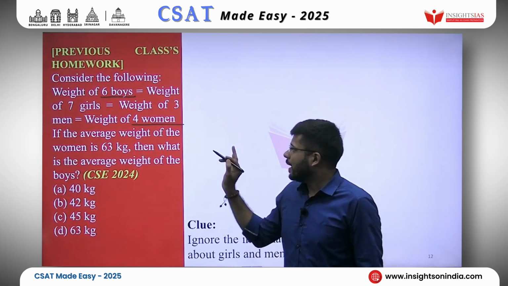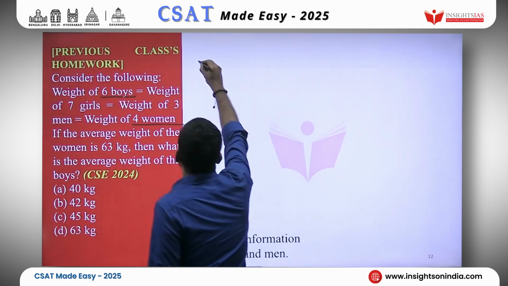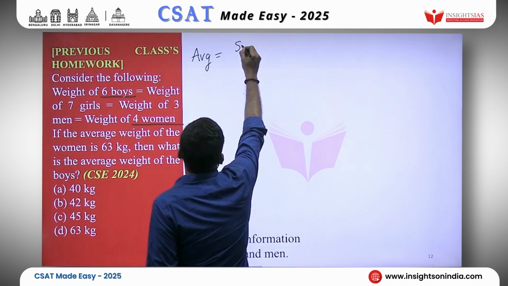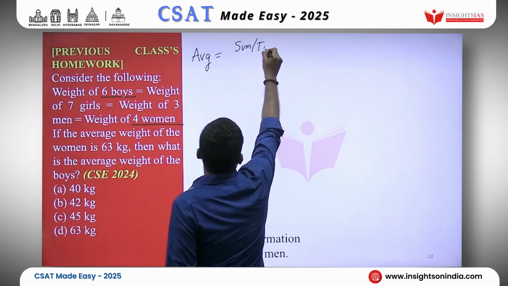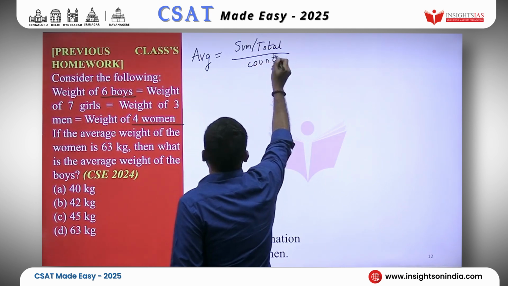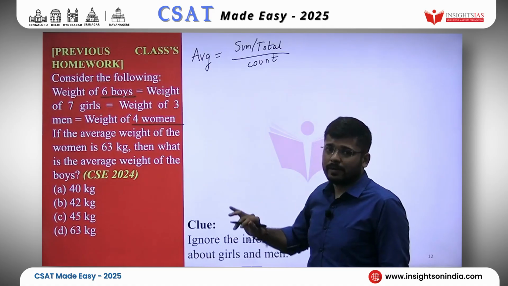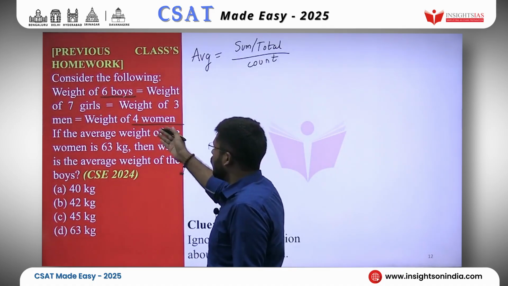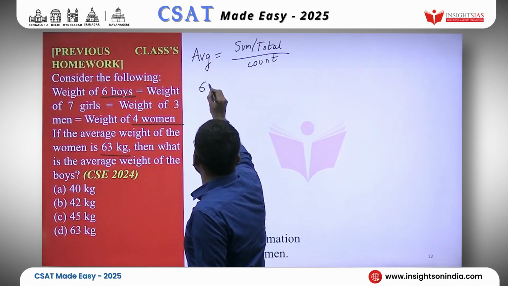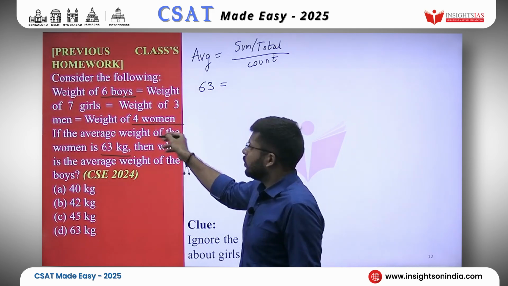Okay. And what is the formula that we use? The formula is very simple. Average is equal to sum or total divided by count. Let's apply this formula in the case of women. In the case of women, what is the average weight? That is 63 kg, right? 63 is equal to, what is the sum of the weight of those 4 women?